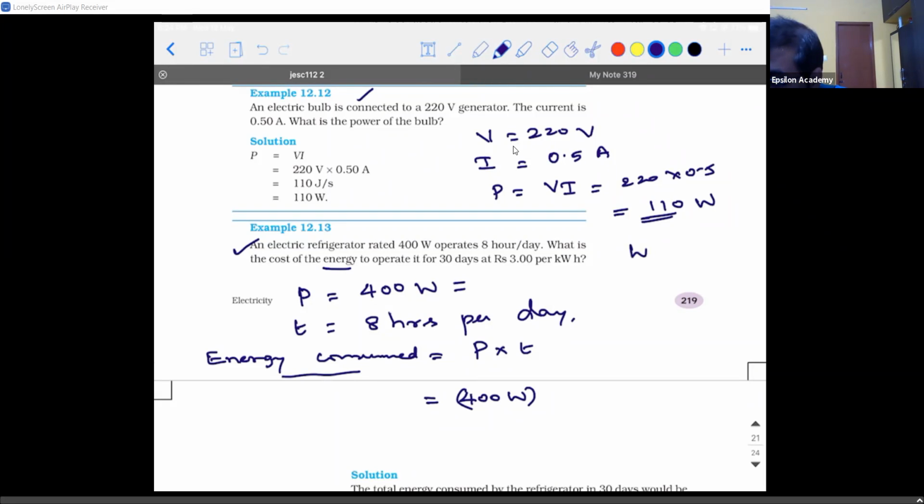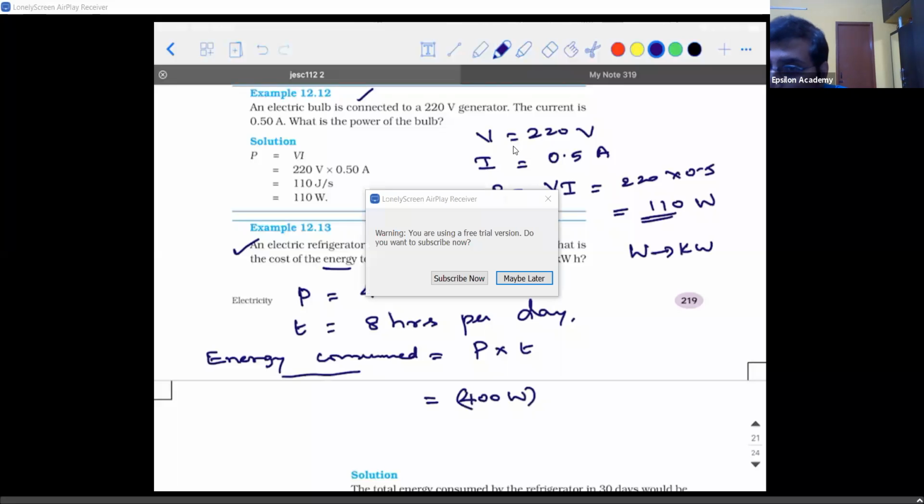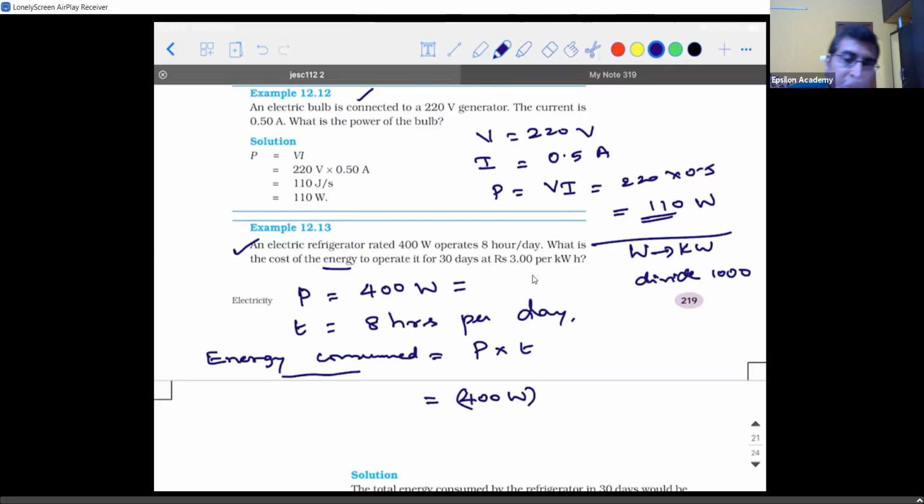Remember this: watt to be converted to kilowatt means divide with 1000. If kilowatt is to be converted to watt, multiply with 1000. So 400 watt is how much? Is it not 0.4 kilowatt?